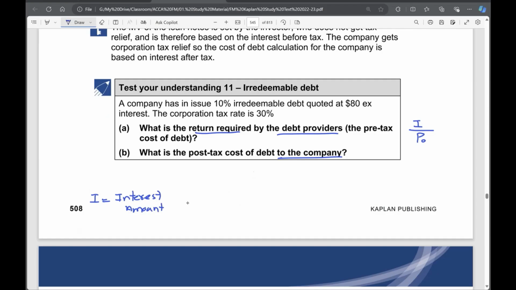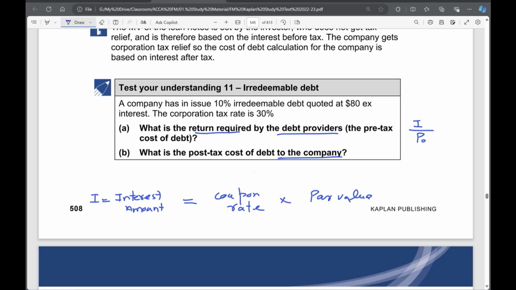And how will you find the interest amount? Always remember, interest you will pay is based on the coupon rate multiplied by the par value. In the bond case, always assume par value is 100. The formula is the coupon rate multiplied by the par value or face value of the bond.